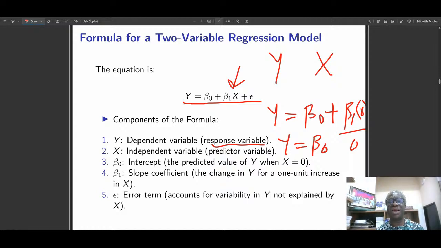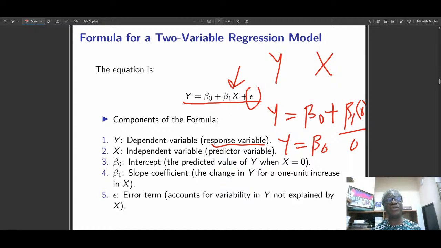So the beta 1 measures the slope, so it tells how much y changes for every unit change in x. That's the measure of the slope. So the error term accounts for the uncertainty, the variability in y.